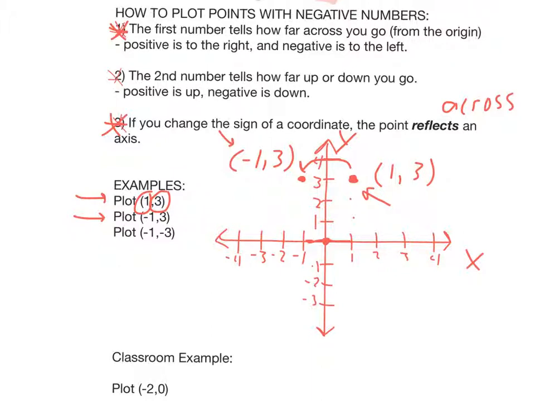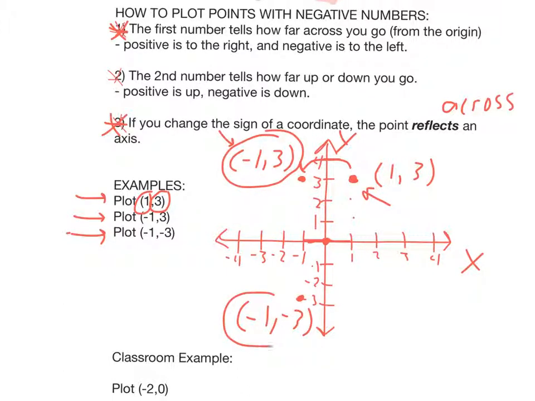Okay? Now, I'm going to plot the third point. -1, -3. So I'm going to start at the origin. I'm going to go -1. That means 1 to the left. 3 down. Puts it down here. And that is -1, -3. So all that did from the second point to the third point, look at the second point's coordinates, -1, 3.